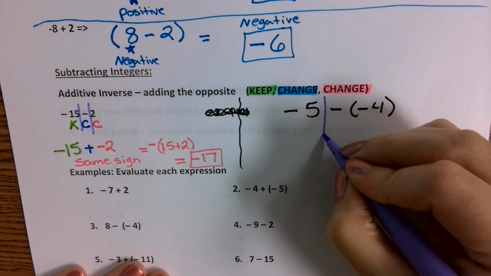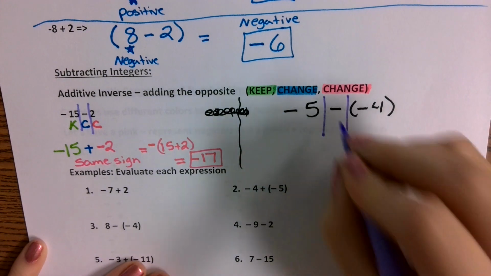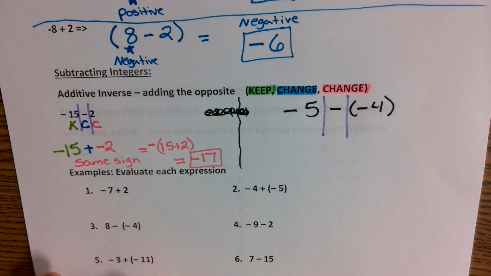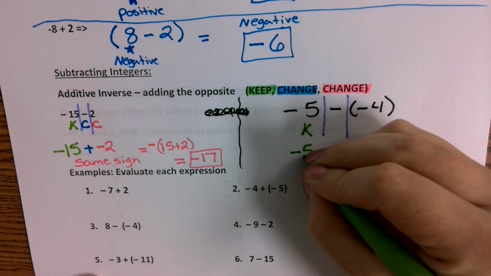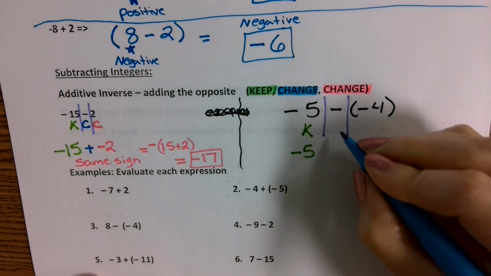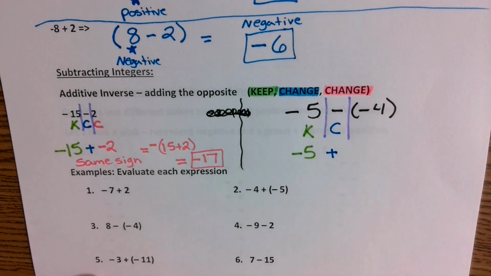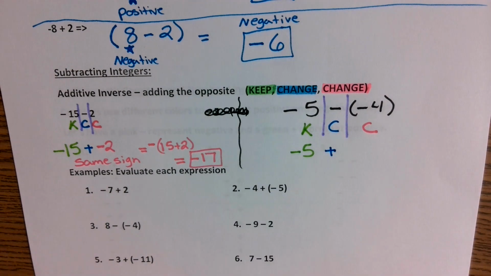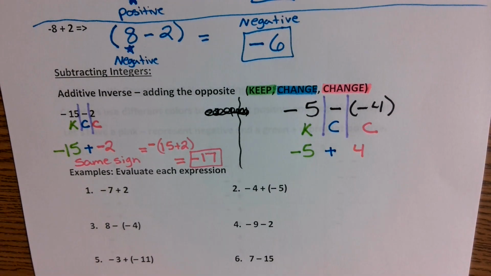We've got the very first part, which we'll keep, the middle part, which will change, and then the last part, which will change. So we're going to keep the negative 5. We're going to change subtraction into addition. And we're going to change negative 4 into its inverse, positive 4.